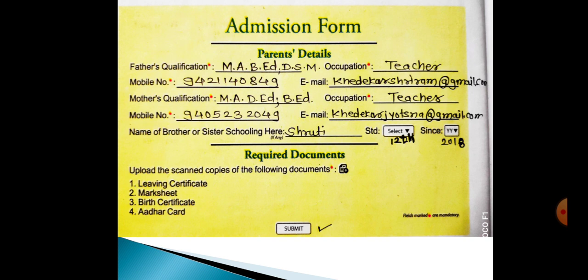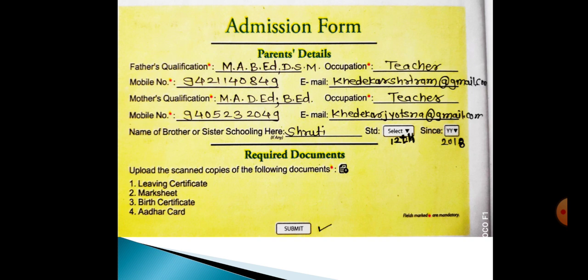Here, father's qualification, you mention your father's qualification. Occupation, father's occupation, whatever it is, you mention there. Mobile number of your father, email ID, mother's qualification, then mother's occupation, mobile number of your mother, and email ID of your mother.